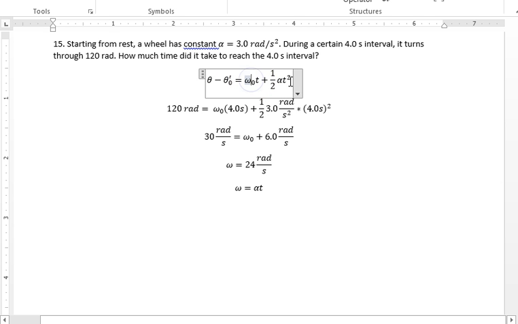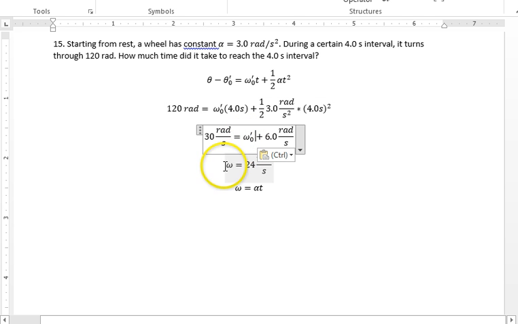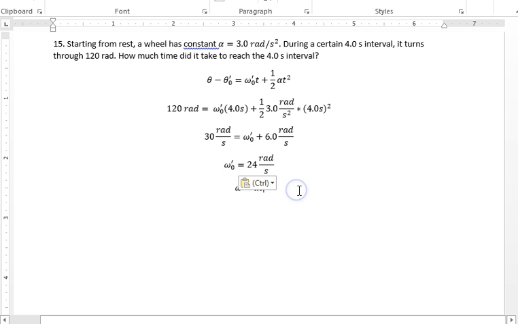I'm sticking in the primes just to indicate that we're not talking about the actual beginning of the problem when we have that omega naught, just to make that distinction. This is the omega naught that we are looking for at the beginning of this 120 radian segment.